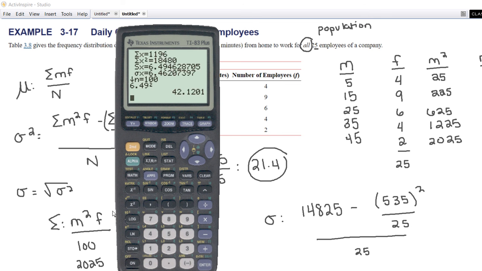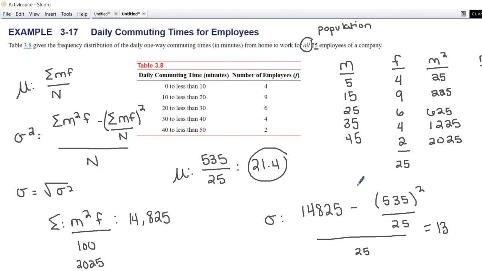Actually, let's do 535 squared first, then divide that by 25. Then we're going to do 14,825, minus that value, so minus second answer. Then we divide that by 25, and that's going to give us 135.04. So that is our variance.